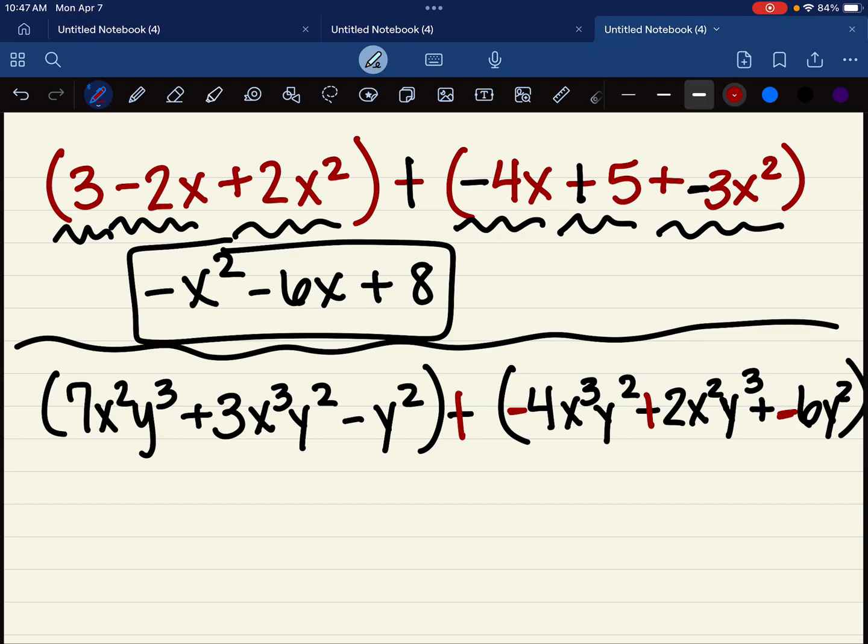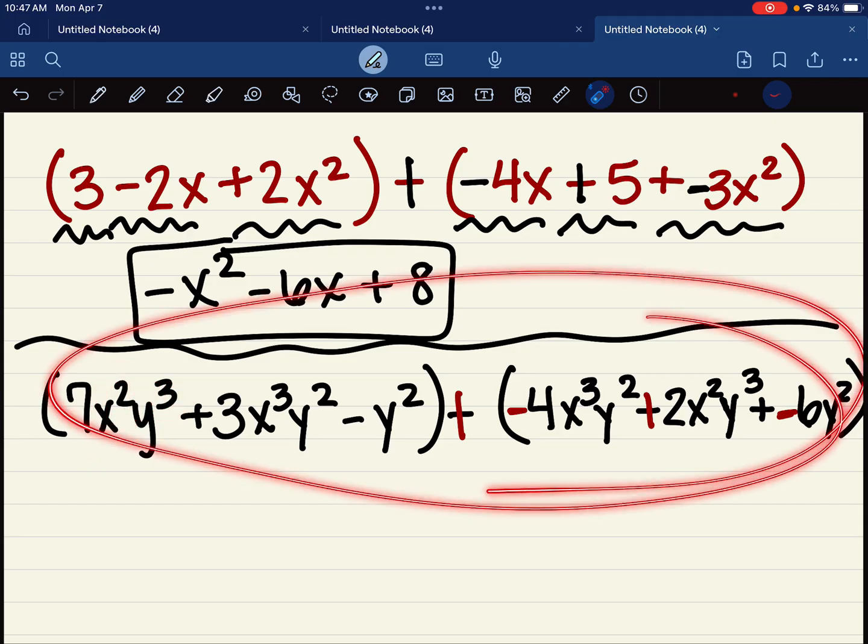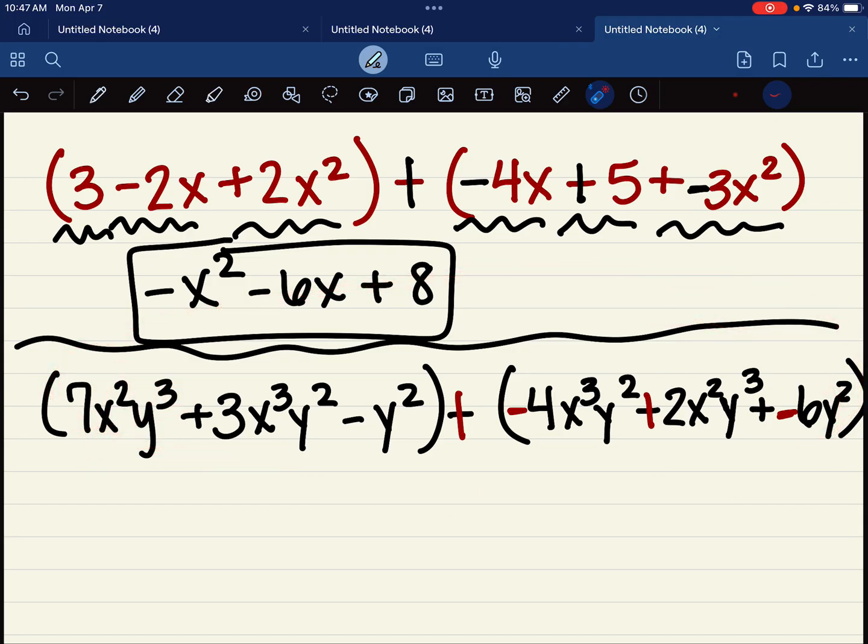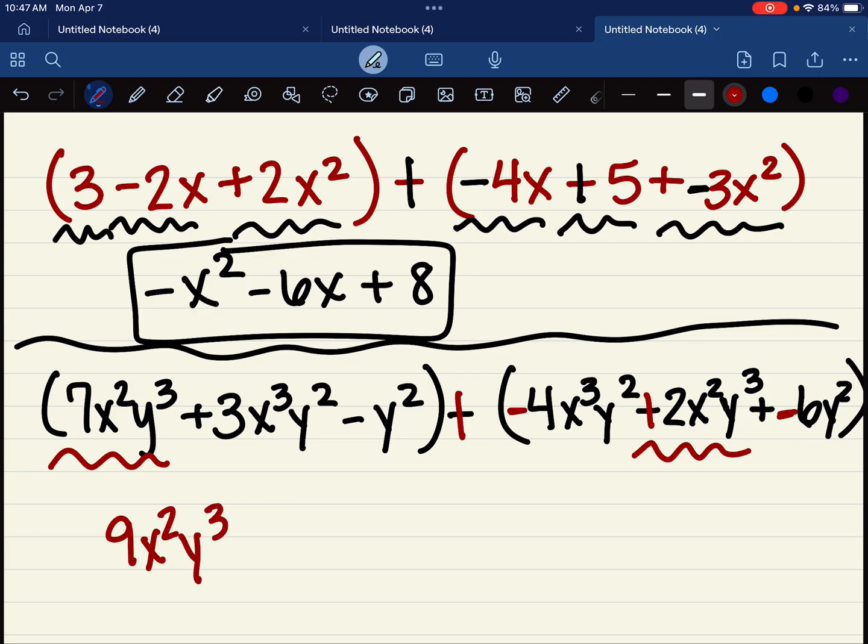Yes, okay? So, if I'm going to start with x squared y cubed, I have to find x squared y cubed in this to add it to. So, what else has x squared and y cubed? Plus 2, okay? So I add those together. What's 7 plus 2? So I get 9 x squared y cubed, okay?